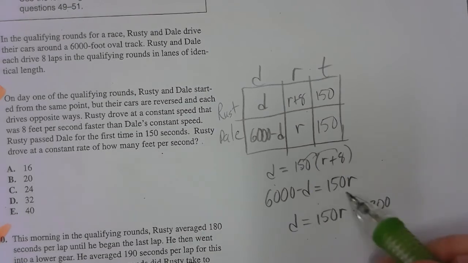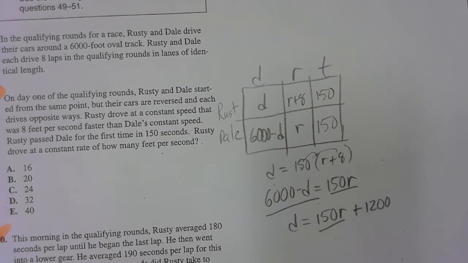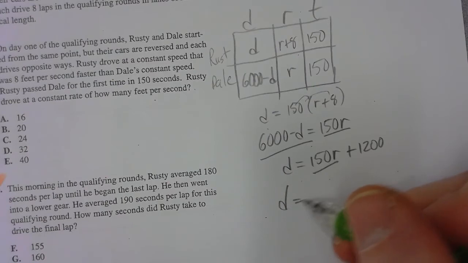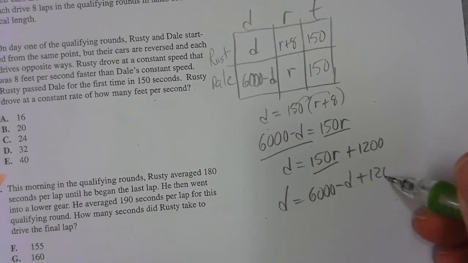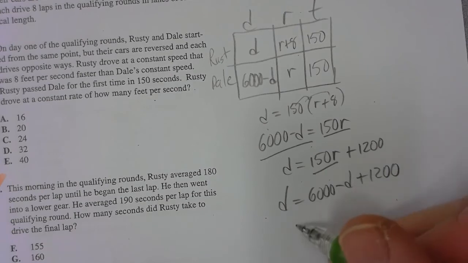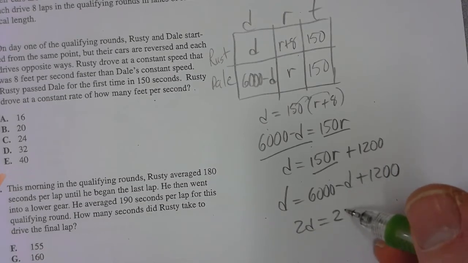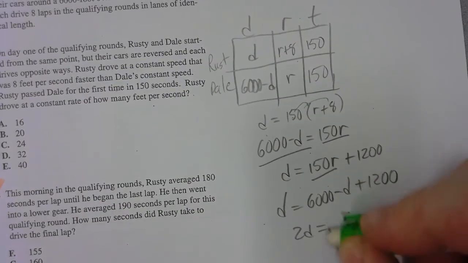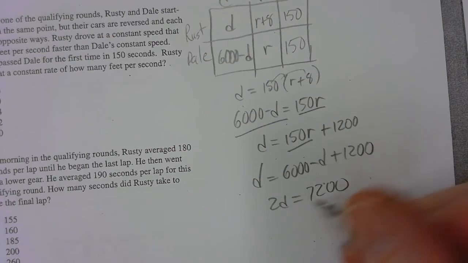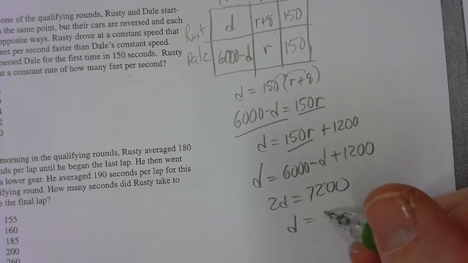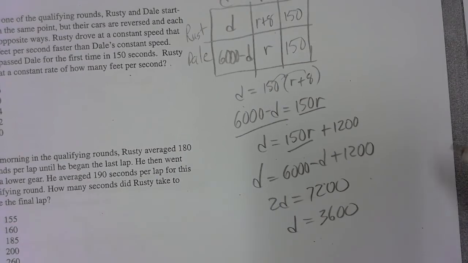Now 150R, I can substitute that in for it. So D is equal to 6,000 minus D plus 1,200. Add the D over, 2D is equal to 7,200. Divide, D is equal to 3,600. So it's 3,600 is the distance that they traveled.